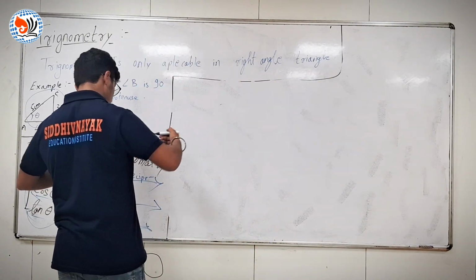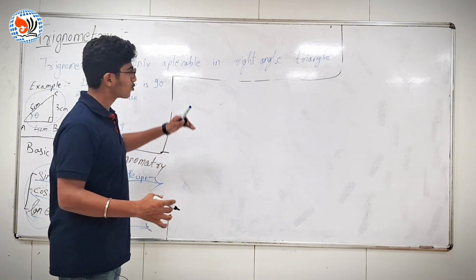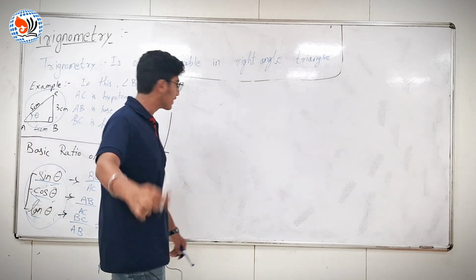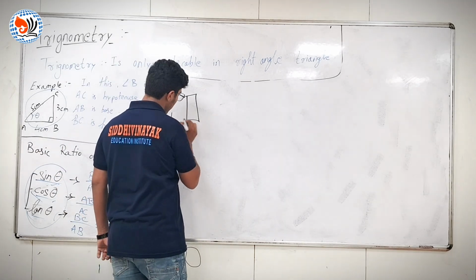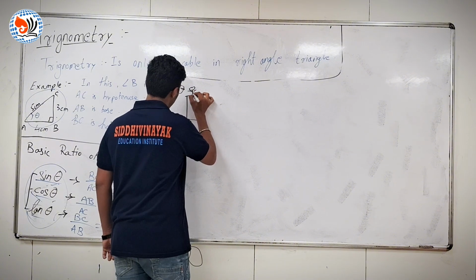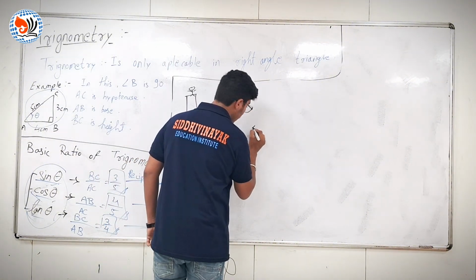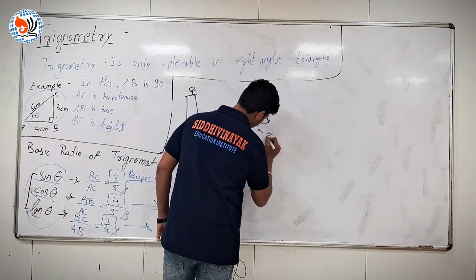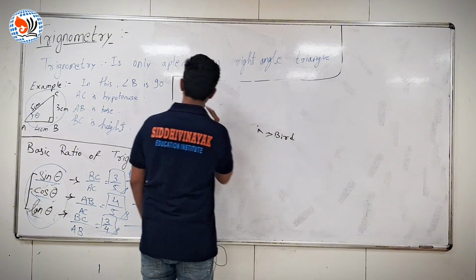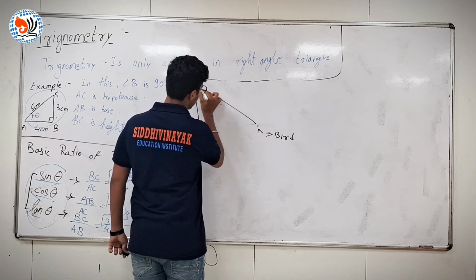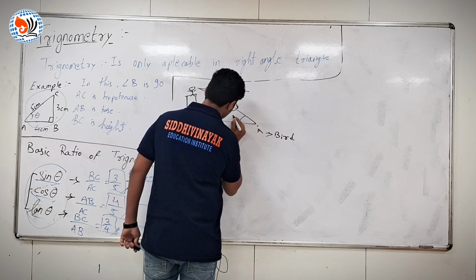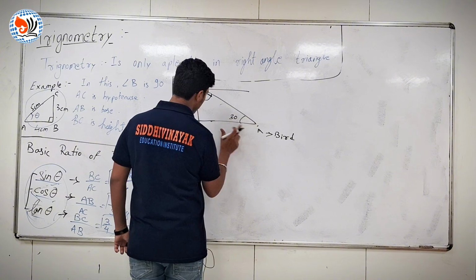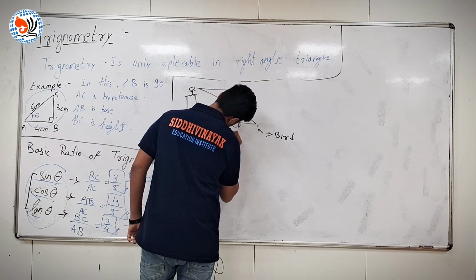It helps too much to calculate questions like, in physics we had already seen, a person is on top of a building and he is seeing a bird at point A. The angle with the horizon is 30 degree and the distance between building and bird is 100 meter.